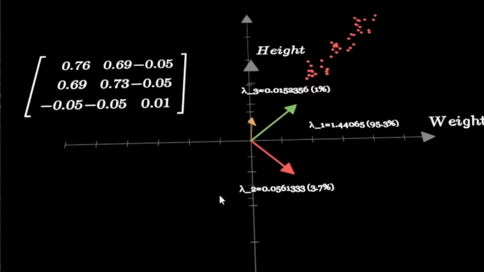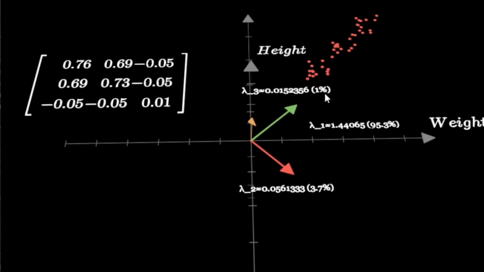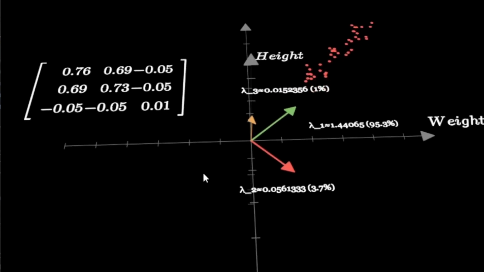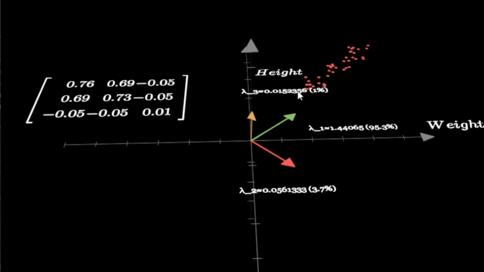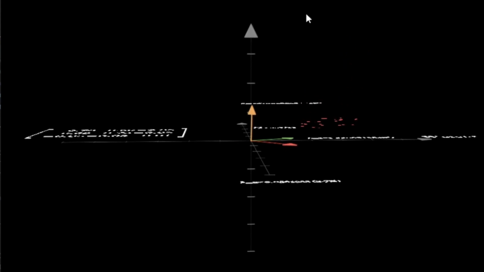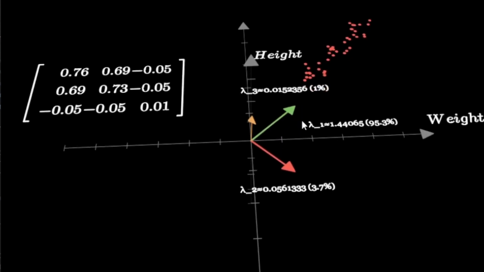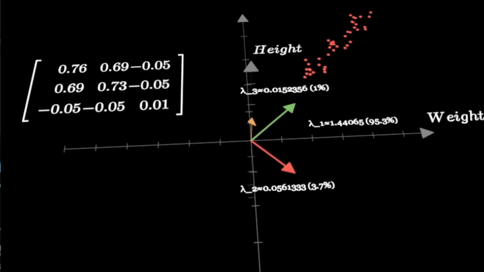And the third eigenvector is explaining only 1% of the total variance. Intuitively, this makes sense because most of the variance is in this direction, with a small amount of variance in this direction and very little variance towards the z dimension. That is what these numbers are representing.